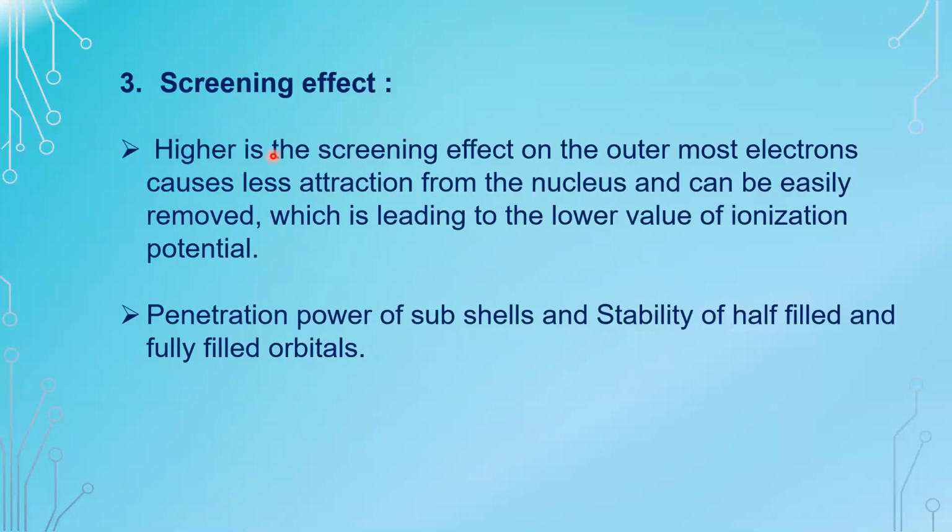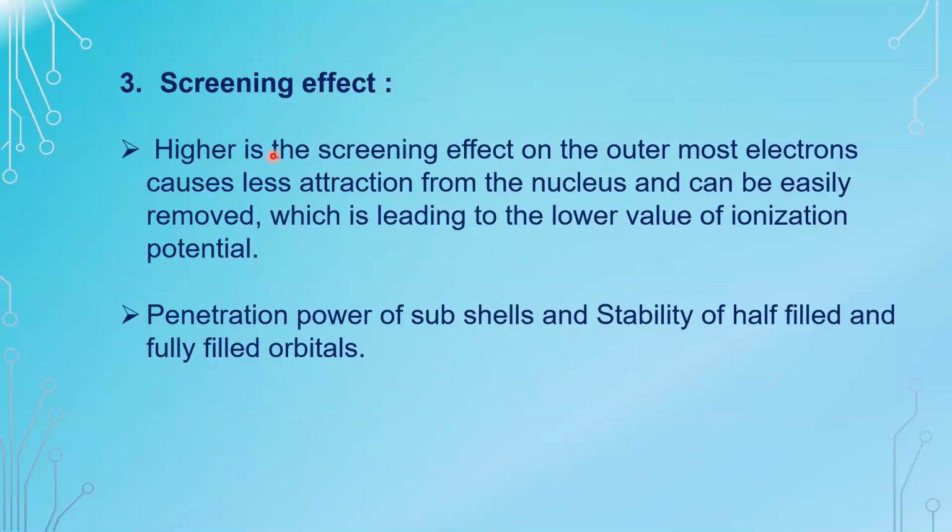Again, we can define it in terms of a reduction in the effective nuclear charge on the electron cloud due to a difference in the attraction forces on the electrons in an atom.